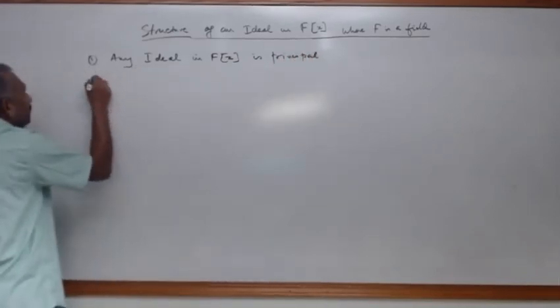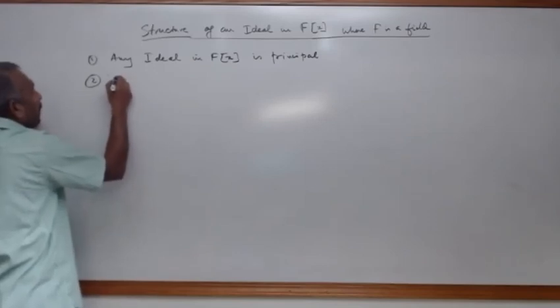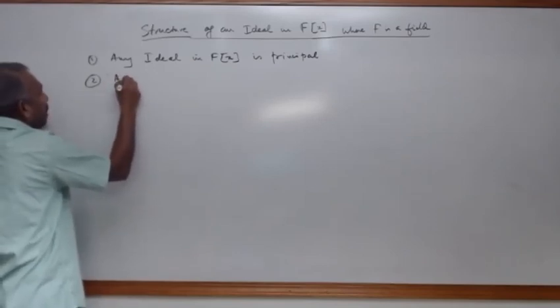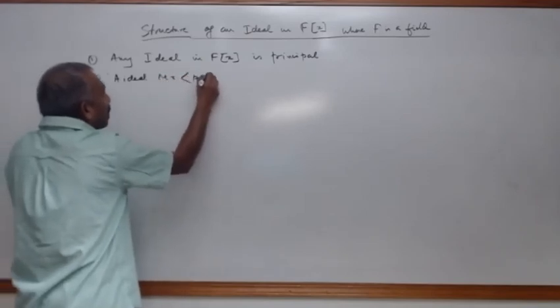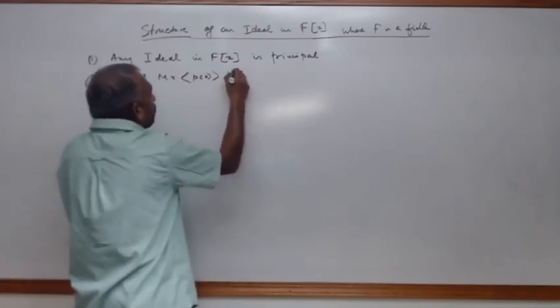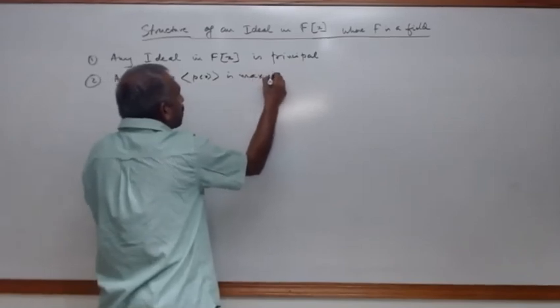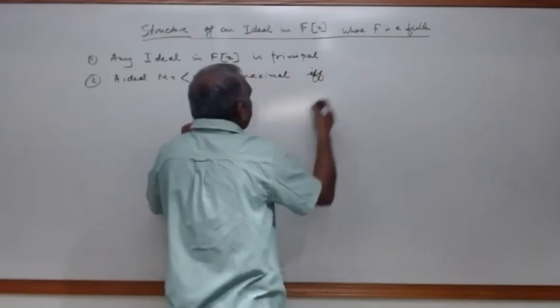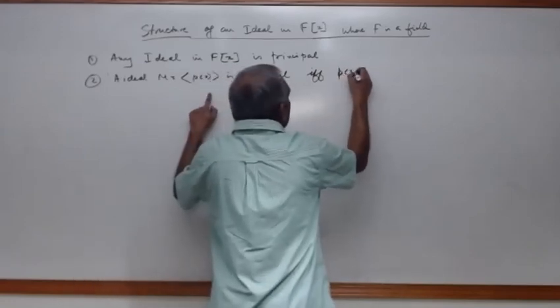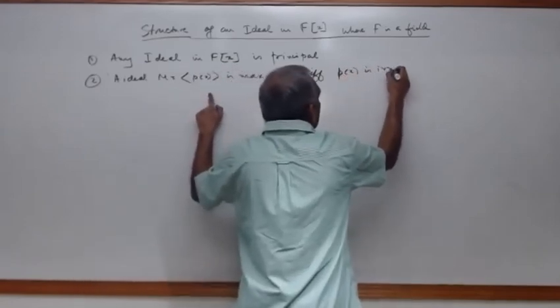Second result is an ideal M equal to the ideal generated by p(x) is maximal if and only if p(x) is irreducible.